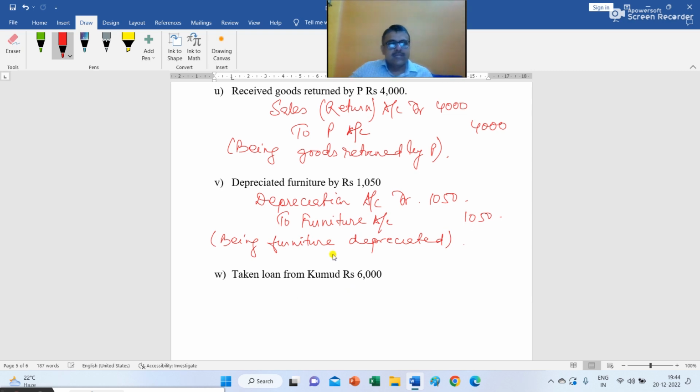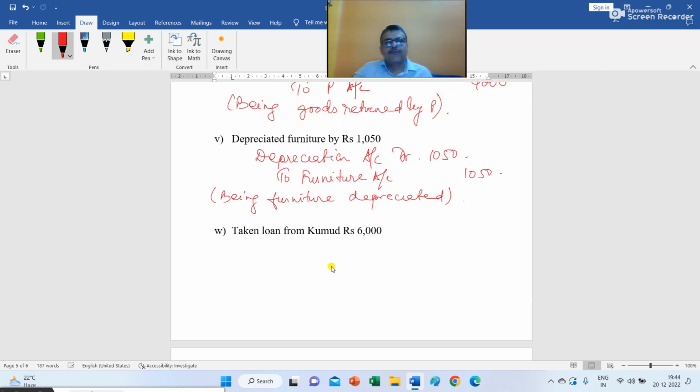And the last transaction, taken loan from Kumud. So there is an inflow of cash. You are getting cash because you have taken a loan. So when you are getting cash, that means there is a cash inflow. So cash account debit. And which account to be credited? The loan account. That is loan from Kumud account.